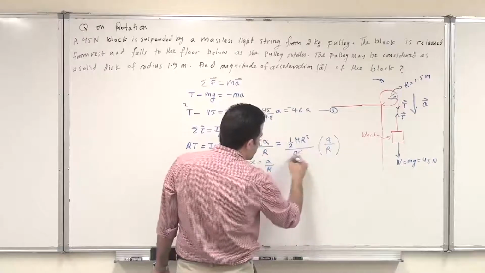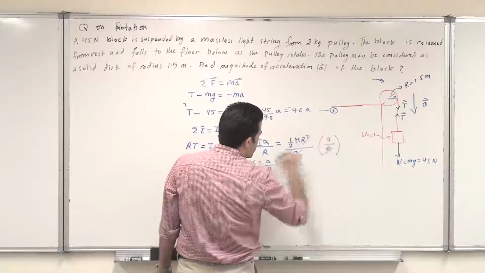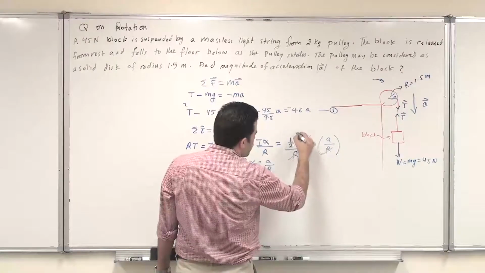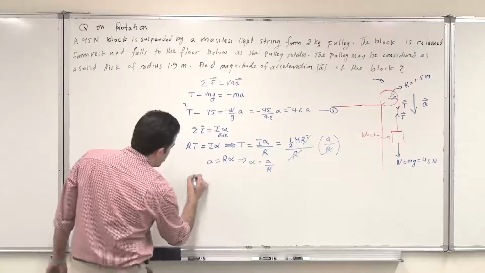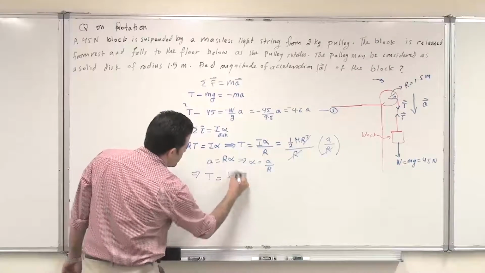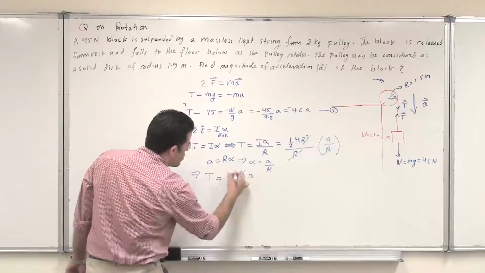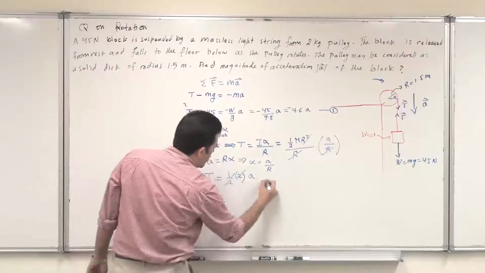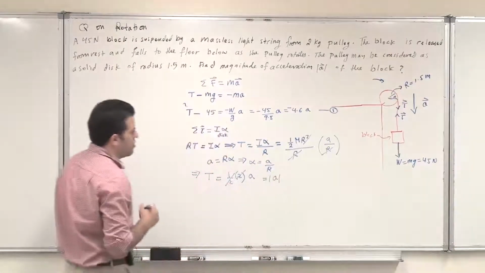Now this r will cancel out with this r, and the mass is 2. So the tension will be half multiplied by the mass 2 times a, so this will cancel out. So my tension should equal the magnitude of my acceleration.